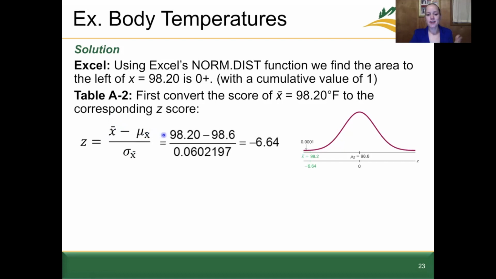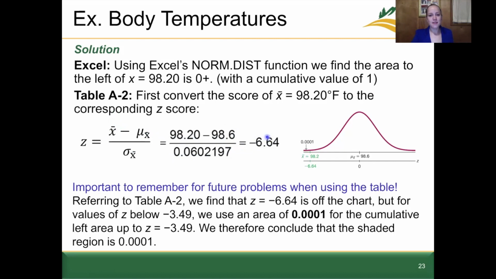So x bar is 98.20 minus 98.6 divided by our standard deviation value. That's negative 6.64. Remembering what was mentioned on a couple slides ago, if we have a negative z-score of negative 6.64, that's a very, very small z-score, right? It's much less than 0. So when we try to find that in our table, we're not going to see it.